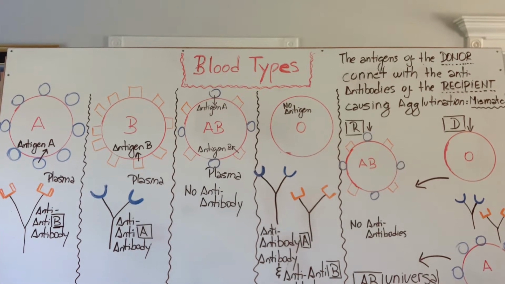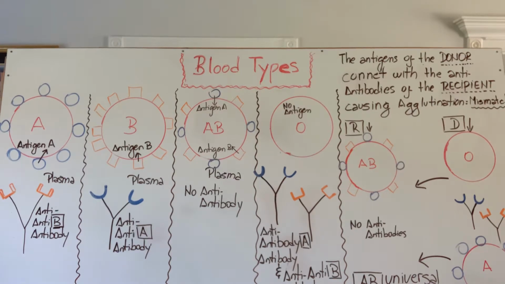The topic of today is about the blood types and how we can proceed if the patient needs a blood transfusion. Now, the first topic that we have to cover is about the different types of blood that we can have in our planet, basically.